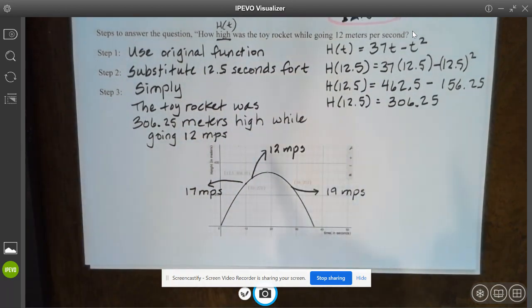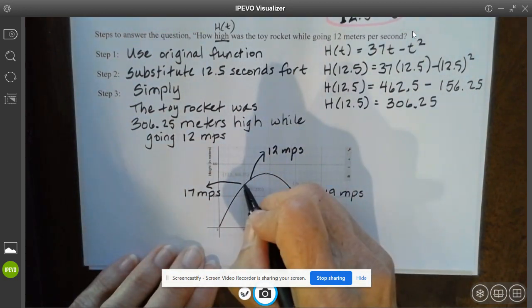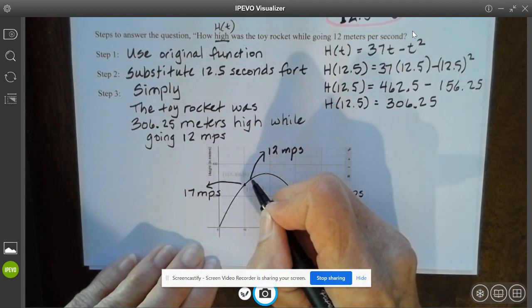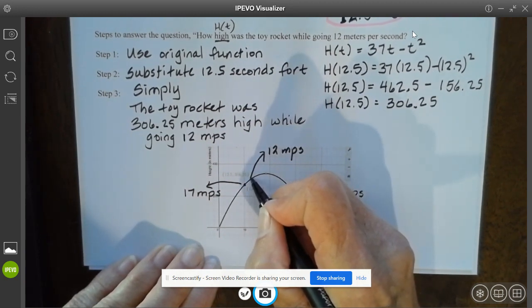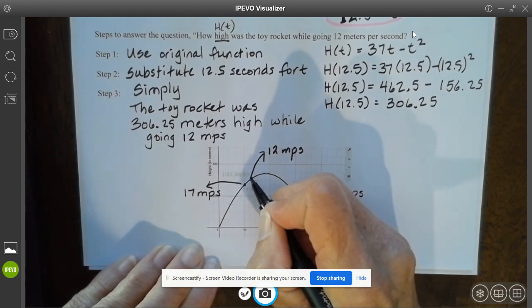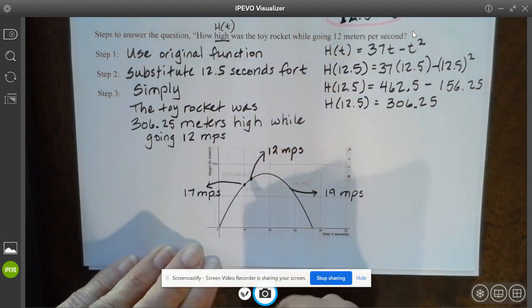Now, I'm showing you this because I want to make some sense of it. If at this point the rocket was going 17 meters per second, I would expect it to go slower at a slower speed here, because the differential between these two is not that great. This point here is on a flatter part, relatively flatter part of the curve when you compare it to that. So that makes sense to me.